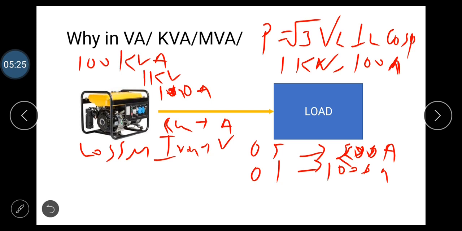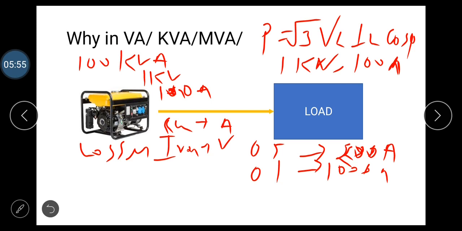Second thing, the voltage and the current rating are decided for the maximum power rated to be delivered to the loads. Okay, so similarly, consider the load side: the power equals VL IL cos phi. If it is a 1 kVA rating, the voltage is not going to change for any power factor.